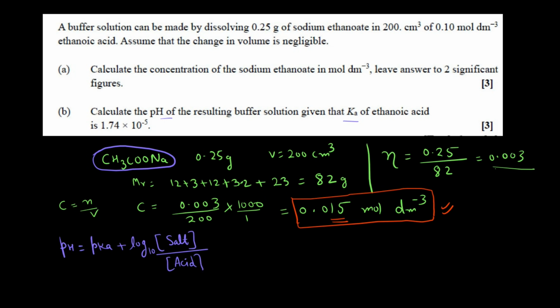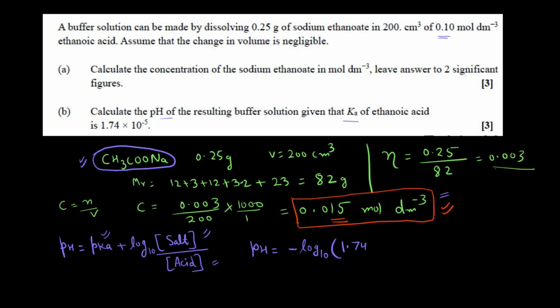So here our salt is sodium ethanoate and the weak acid is ethanoic acid. We know the concentration of salt, we just calculated it, and the concentration of acid is given as 0.10 mole per dm cube. Ka is given, so we can calculate pKa. The pH is pKa, which we calculate from Ka by the formula minus log to the base 10 of Ka.